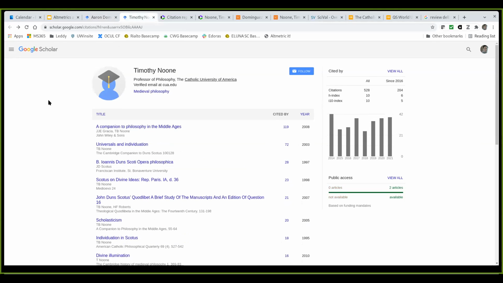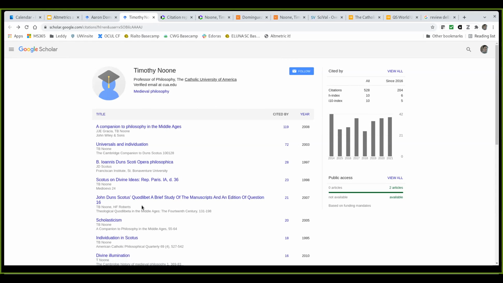Now, if we pop over to Dr. Noon, medieval philosopher at Catholic, we see far fewer citations. And we can ask ourselves why that is. Well, mostly Dr. Noon publishes in books, and books aren't well represented in this area of scholarly metrics.